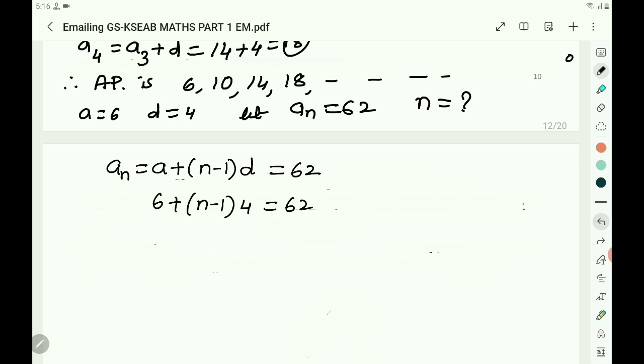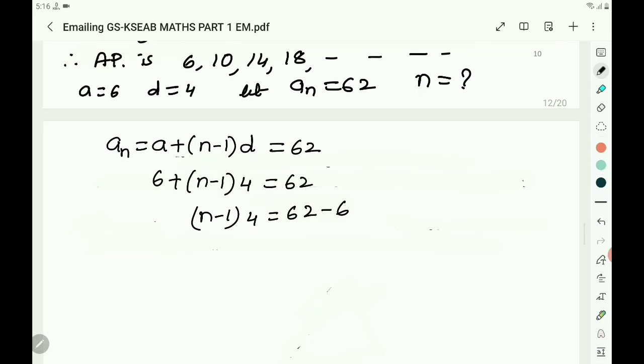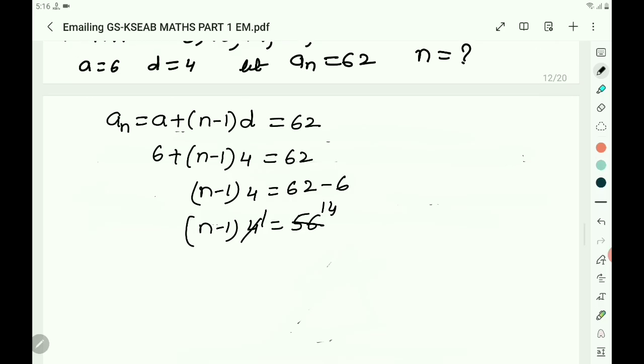Transfer this 6 to the RHS. Write n minus 1 into 4 in the LHS. N minus 1 into 4 equals 62 minus 6, which is 56. So 4 ones are 4, 4 14s are 56.